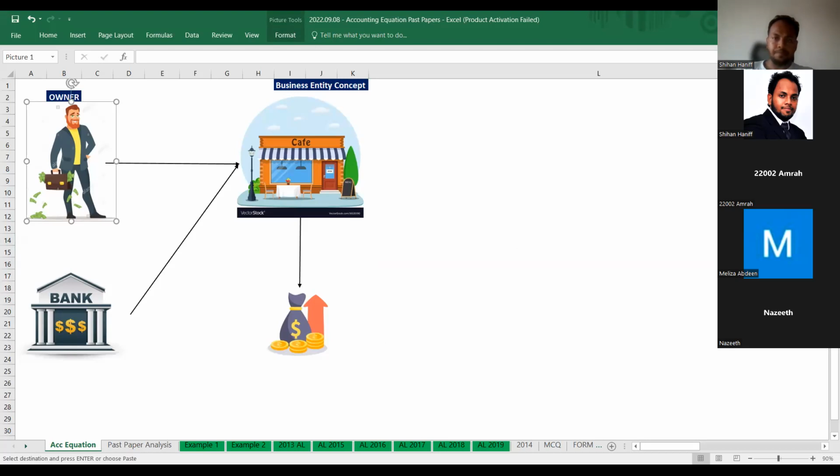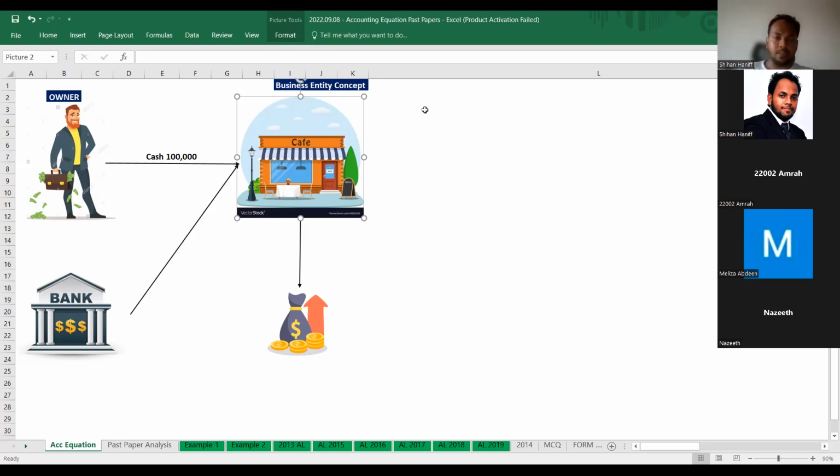So he has some money. Assume that he has 100,000 cash in hand. So he invests this cash into the business. He invests 100,000 cash to the business. So that is a transaction.